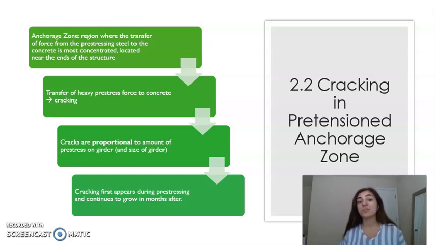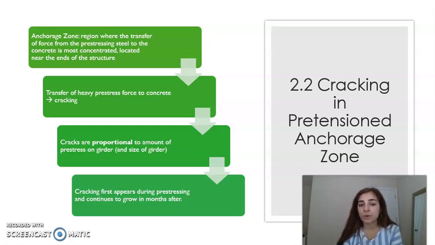The transfer of heavy prestressing force to the concrete is what leads to the cracking, and these cracks are proportional to the amount of prestressed force on the girder, which is also proportional to the size of the girder. This cracking can first appear during prestressing, but these girders are often stored for months at a time before any application on site during construction, and the cracking can continue to grow during this time period.